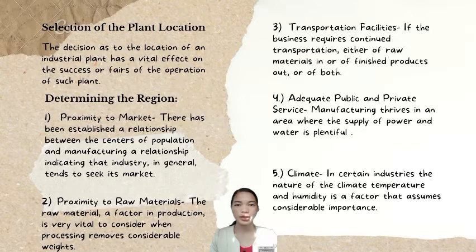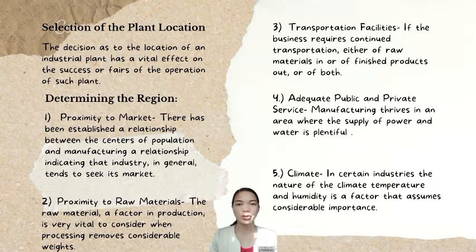The second one is the proximity to raw materials. The raw material, a factor in production, is very vital to consider when processing removes considerable weight. For example, it is much cheaper to manufacture cement at the place where the raw materials are. Those cement plants are in Cebu, La Union, Bulacan, and Rizal, very near to the limestone mines where the raw materials come from.